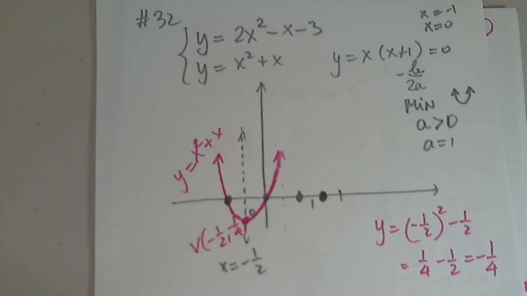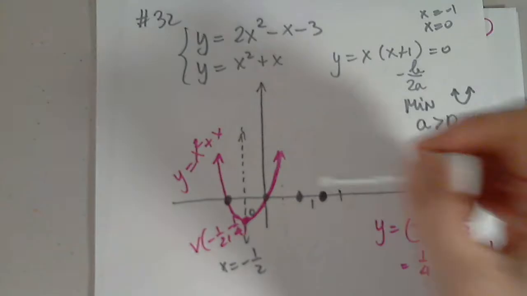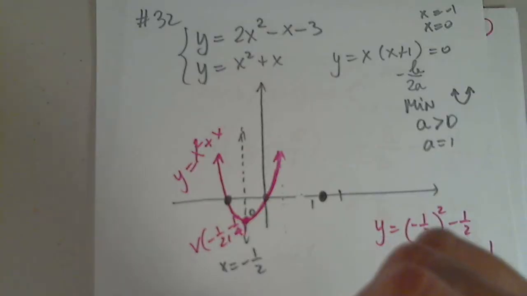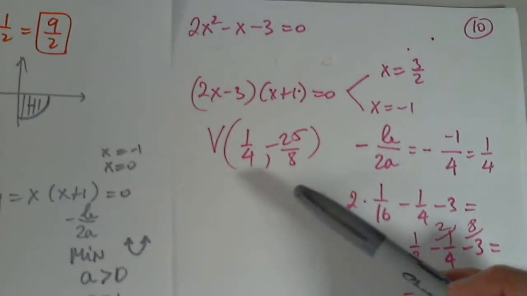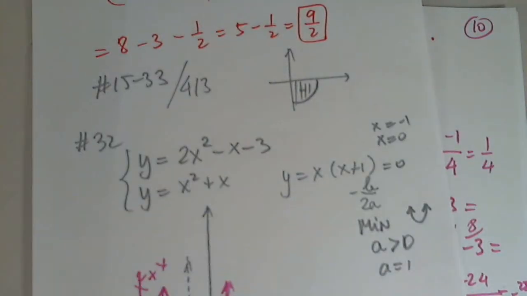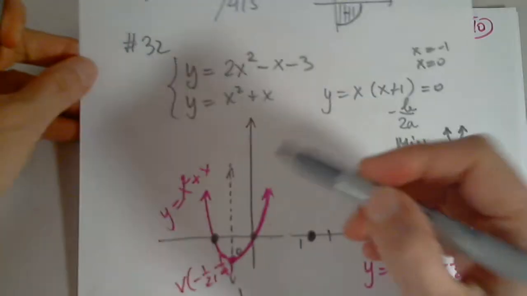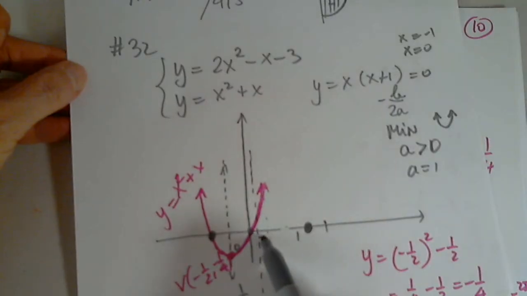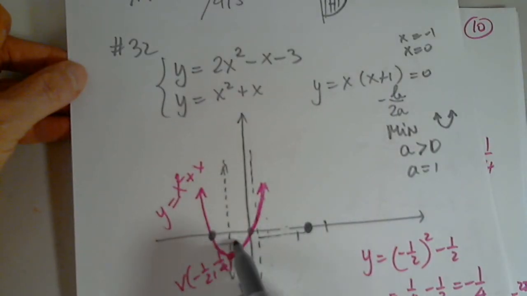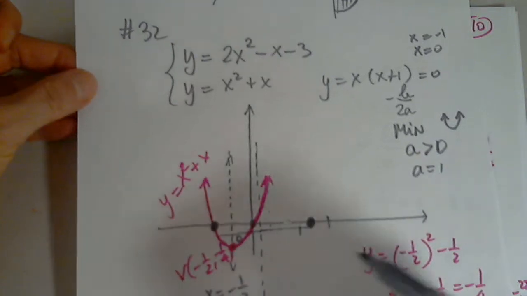It has a minimum. The vertex, where are you, my vertex? 1/4, okay? So the axis of symmetry is at 1/4. And this distance has to equal this distance. If it doesn't, I have an error.